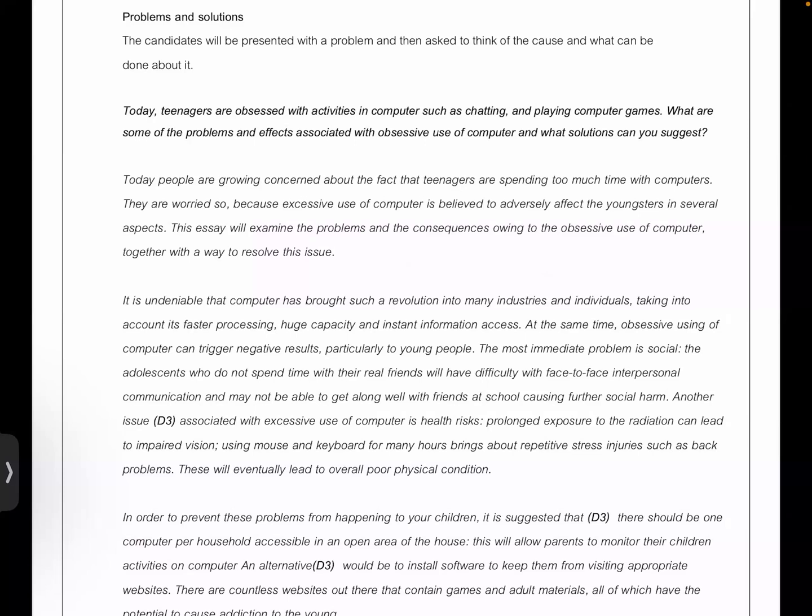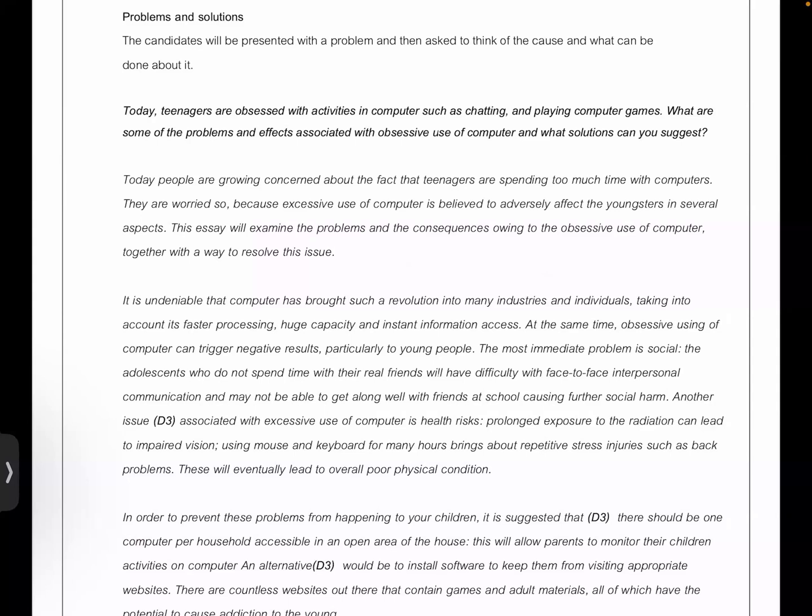Basically you have to do what they ask you to do. Most of the time, problem solution will ask you to find the causes and or the effects of the problem, and then they will ask you to find some methods to prevent this problem from happening, or some method to alleviate the impacts of the problems.